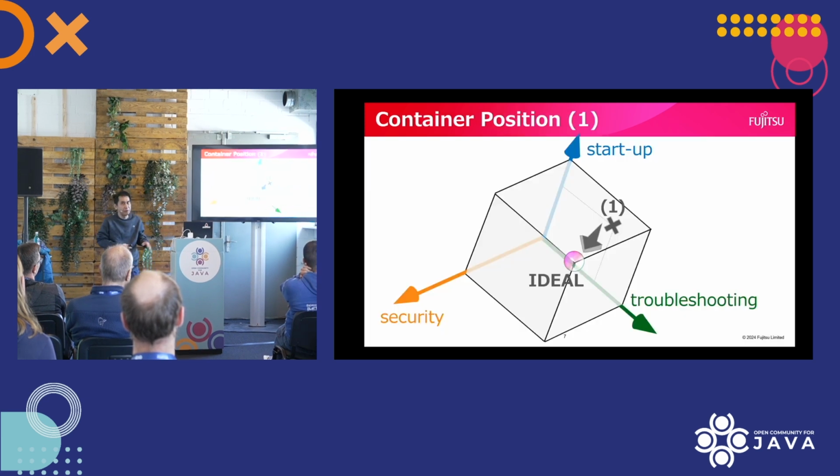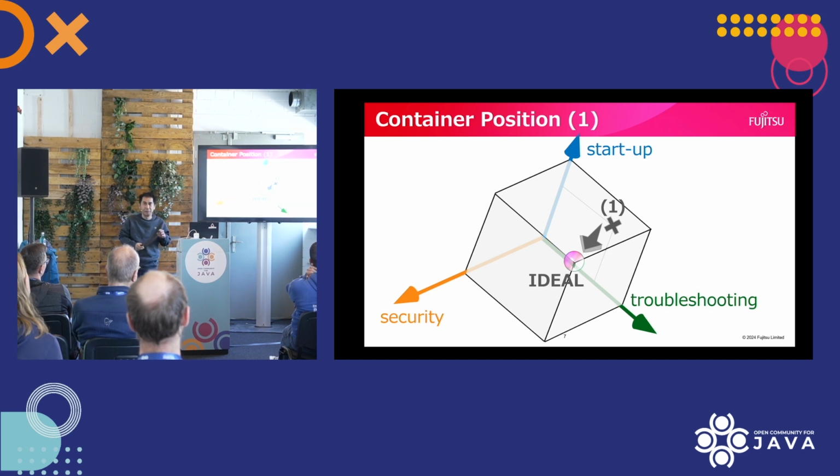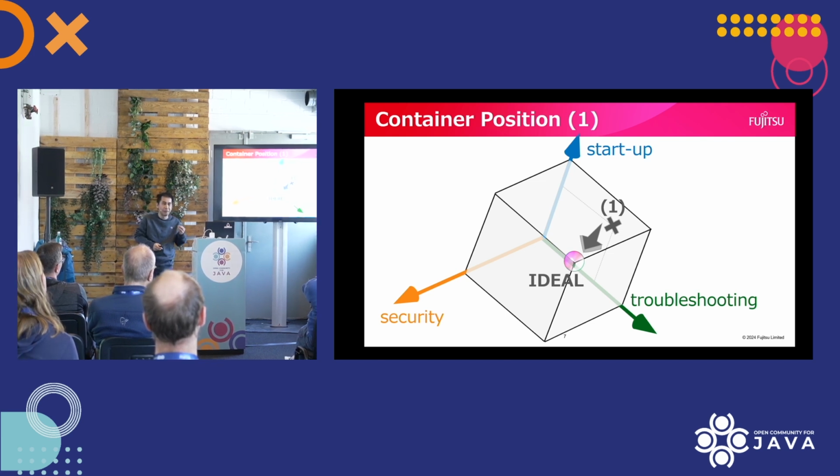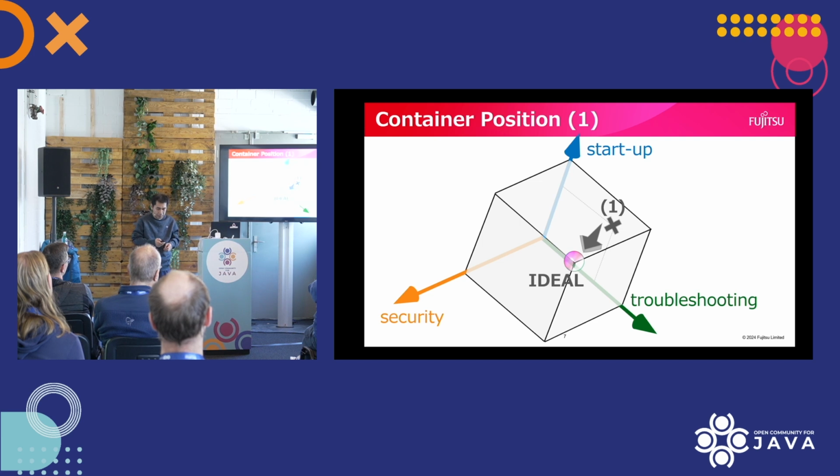This three-dimensional graph shows the position of containers. Three axes represent startup time, security, and troubleshooting. And the ideal position is here, where all three requirements are satisfied. But right now, I plot the current position here.